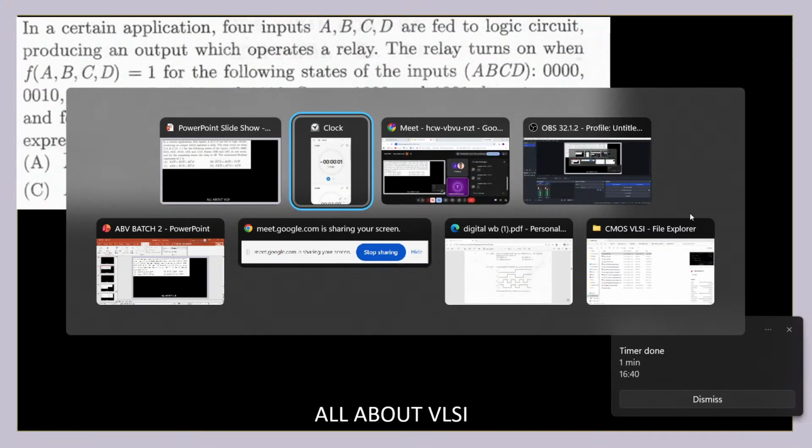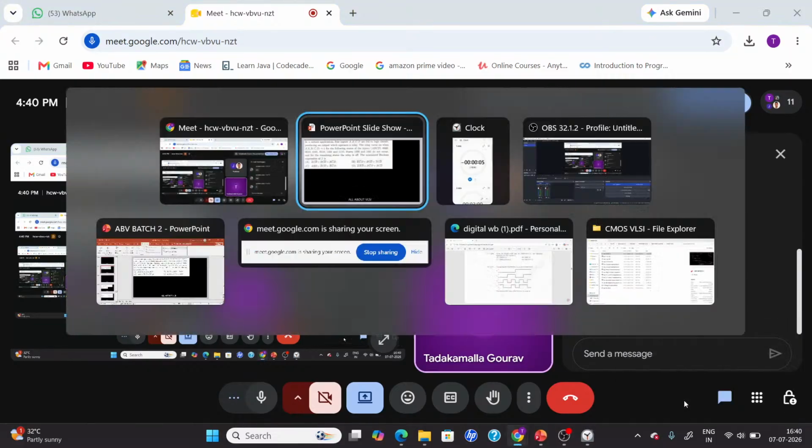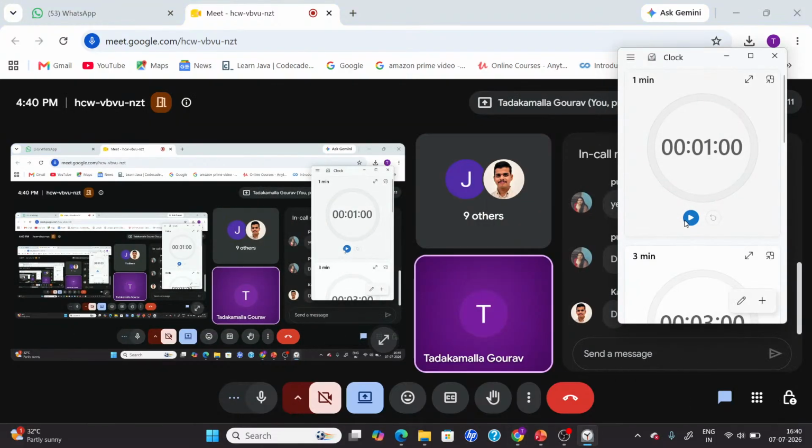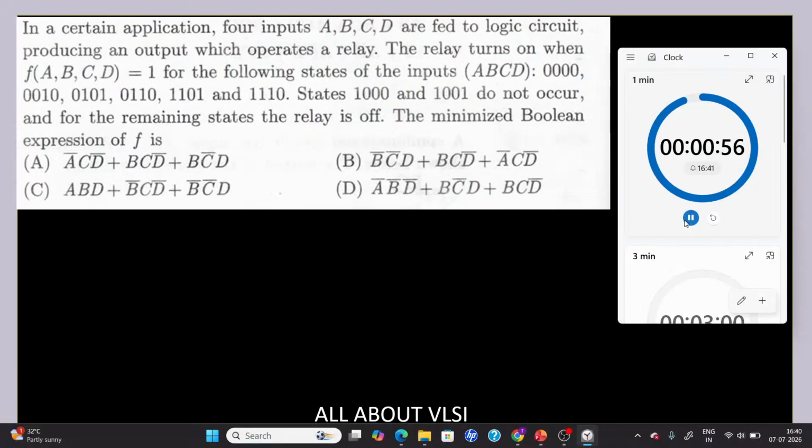Okay, I got one answer, option D. Others also try to solve it and let me know what minimized Boolean expression you get for this.